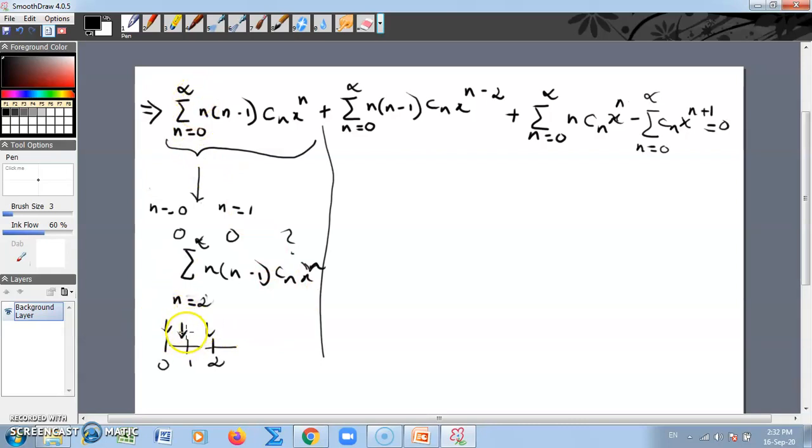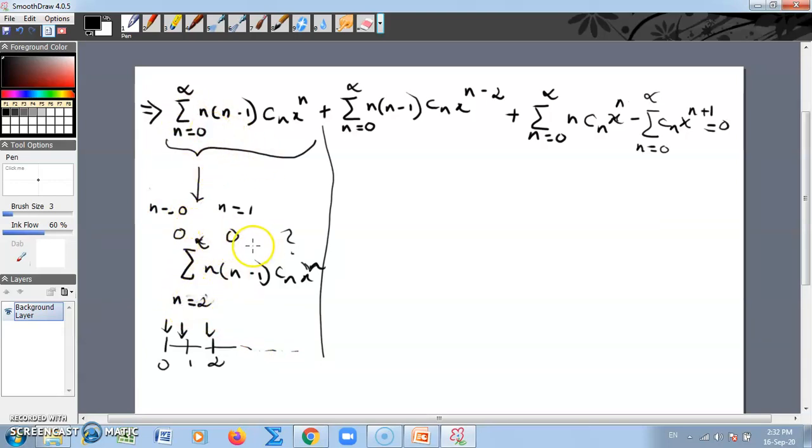Now, summation means I put the value 0 first in this one, then plus I put the value 1 in place of n, then plus I put the value 2, and so up to infinity we add each term. But here we have found that when I put n is equal to 0, this gives a 0 value.